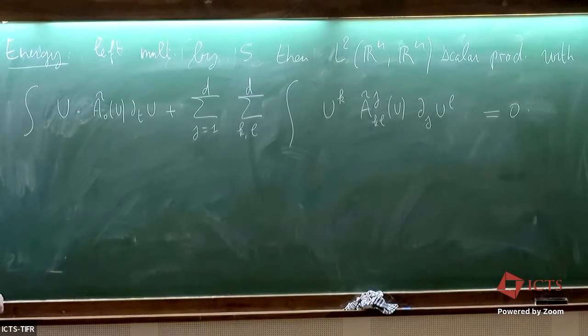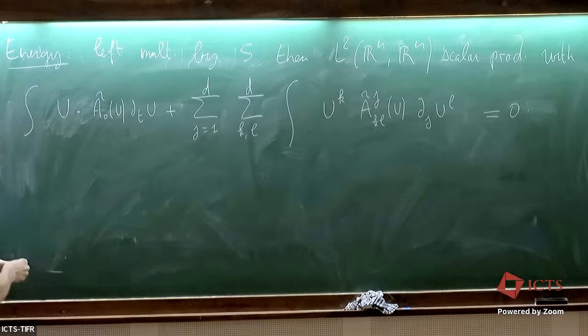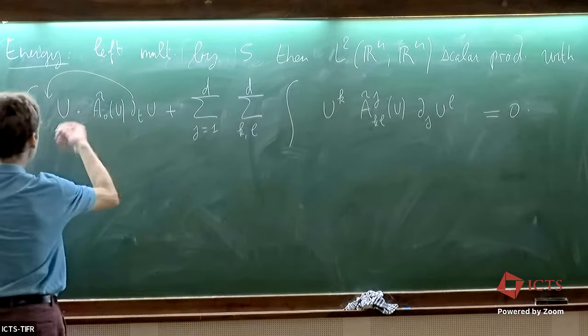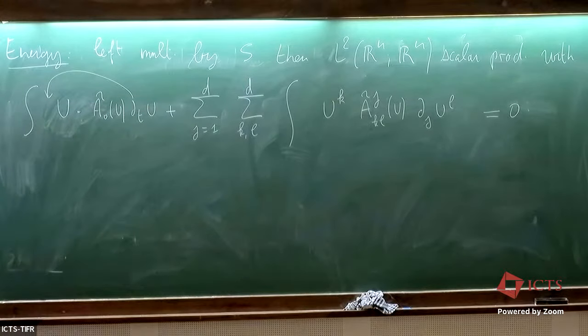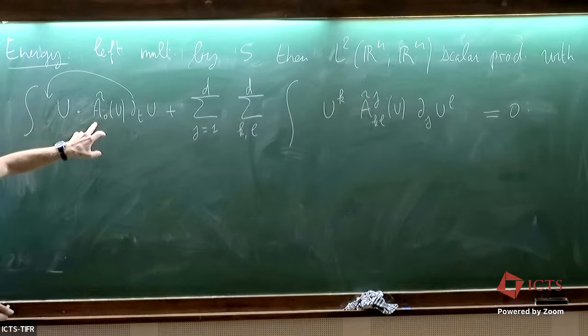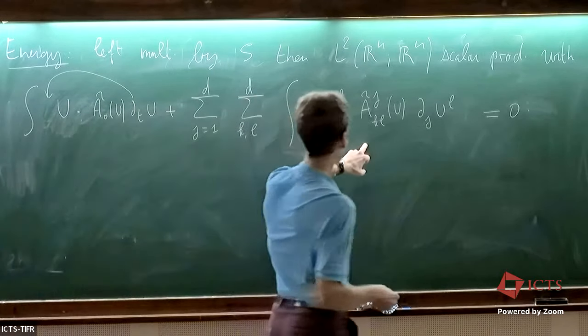For the time derivative term, you put the dt outside, and then there will be remainder terms that you can compute by using the symmetry of A0. More or less, you will end up with V squared times the derivative of A0. For the other terms, you will integrate by parts.